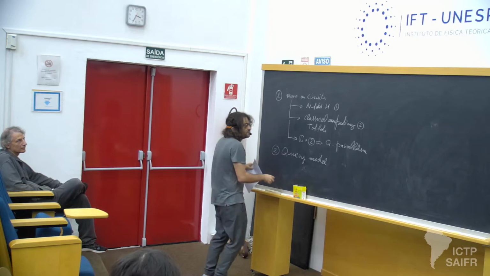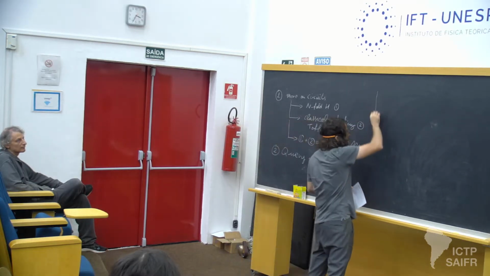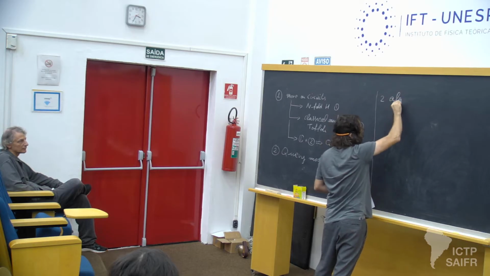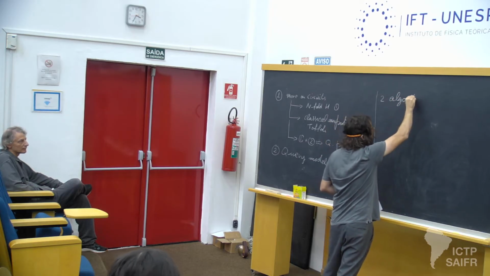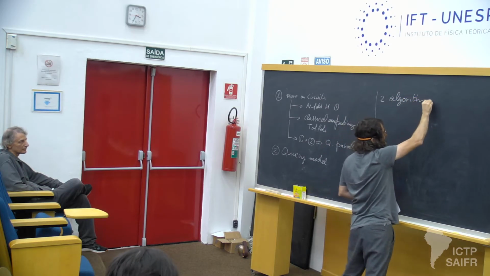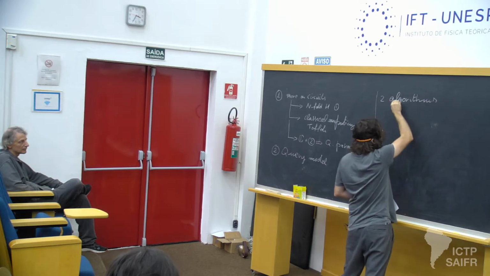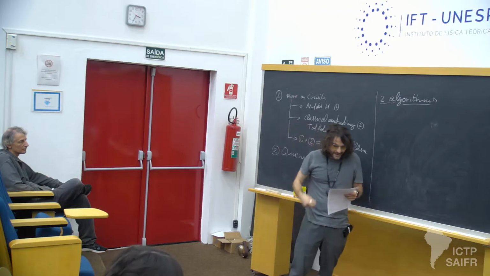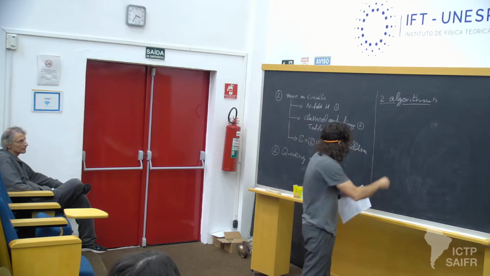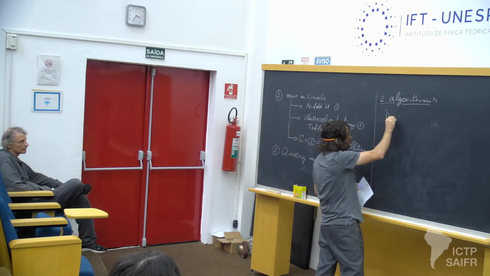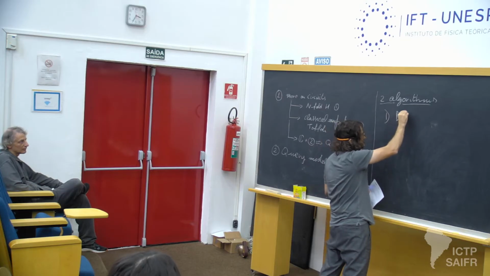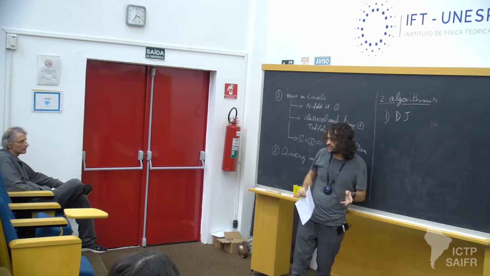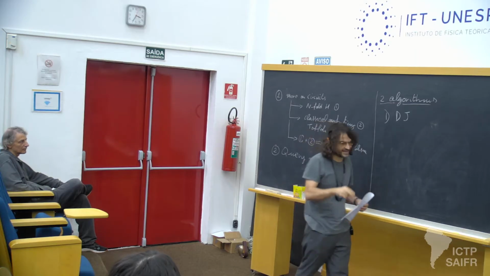And then finally, we will describe the very first two algorithms. I mean, we already did quantum teleportation, but let's say two algorithms that historically gave a bump to the quantum computing business. And one of them, I'm a disaster with names, so I will use just the initial, the DJ algorithm, Deutsch and Jozsa.